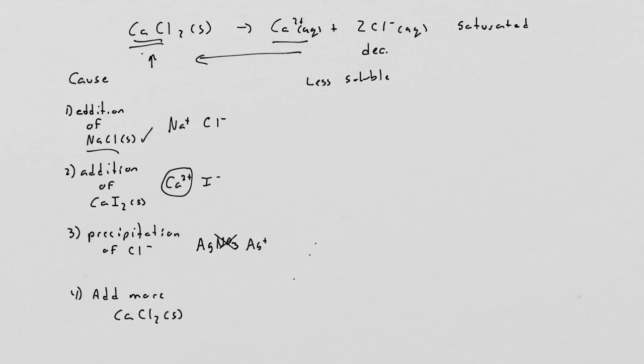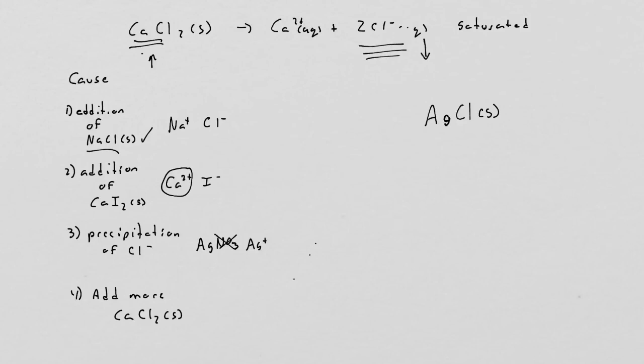You're going to form solid AgCl, which is essentially a way of saying I am removing Cl minuses. When they turn into solid, it's like you're taking them out of the water. They're no longer dissolved. They become less concentrated, more dilute.